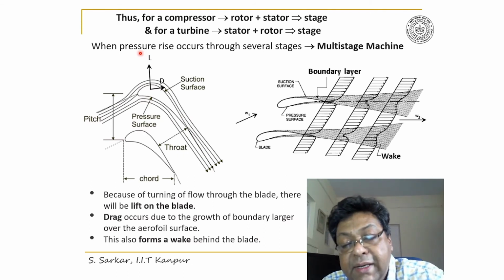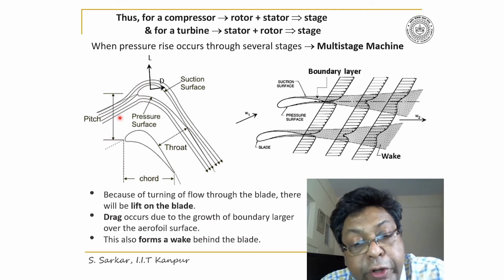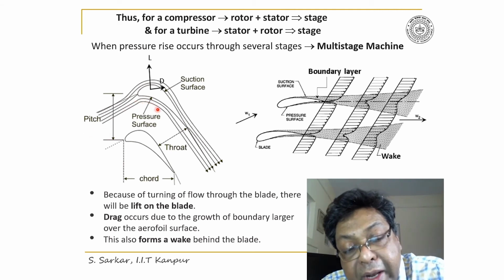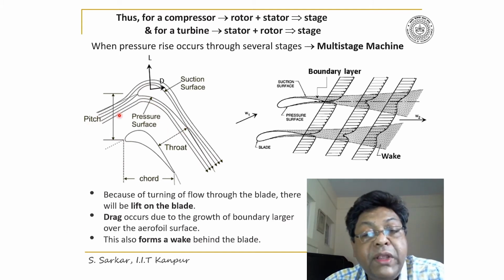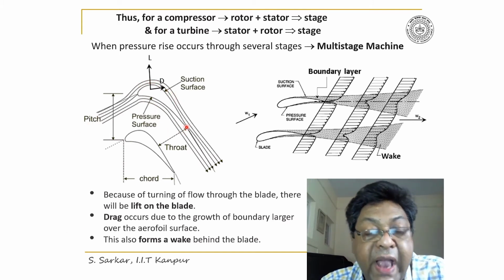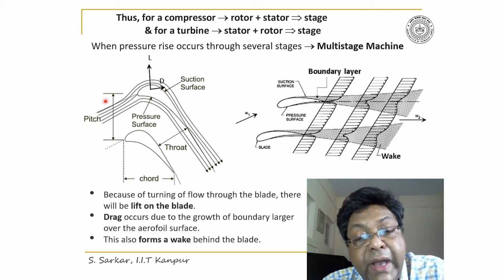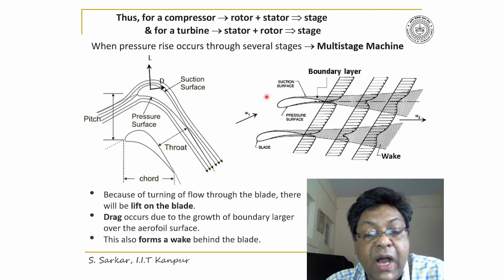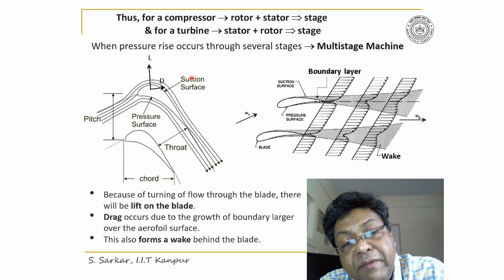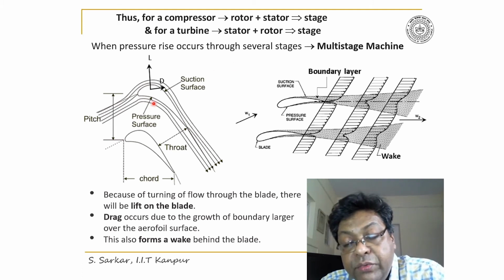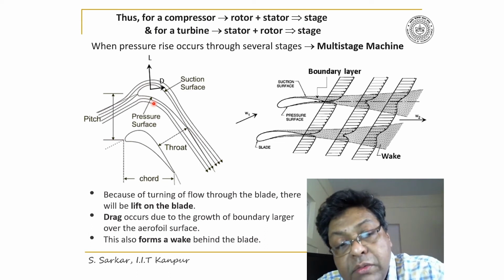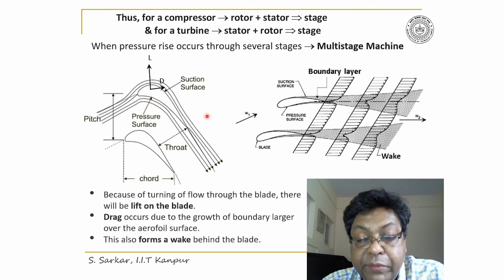You can think also that fluid flow will decelerate on one side, whereas on the other side fluid flow will accelerate. And because of acceleration and deceleration of fluid flow, one side pressure will be higher with respect to the other side. So where the pressure is higher, we call it the pressure side of the blade, and where the pressure is relatively lower, we call it the suction side of the blade.